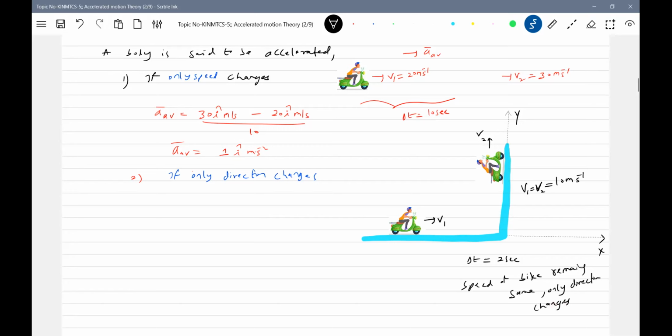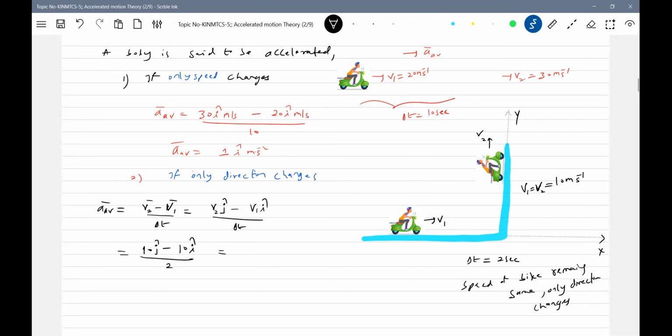Due to this, will there be any acceleration? Yes, there is. Average acceleration equals V2 bar minus V1 bar by delta T. V2 is 10 j cap, minus V1, which is 10 i cap, over delta T. So 10 j cap minus 10 i cap, delta T is 2 seconds.